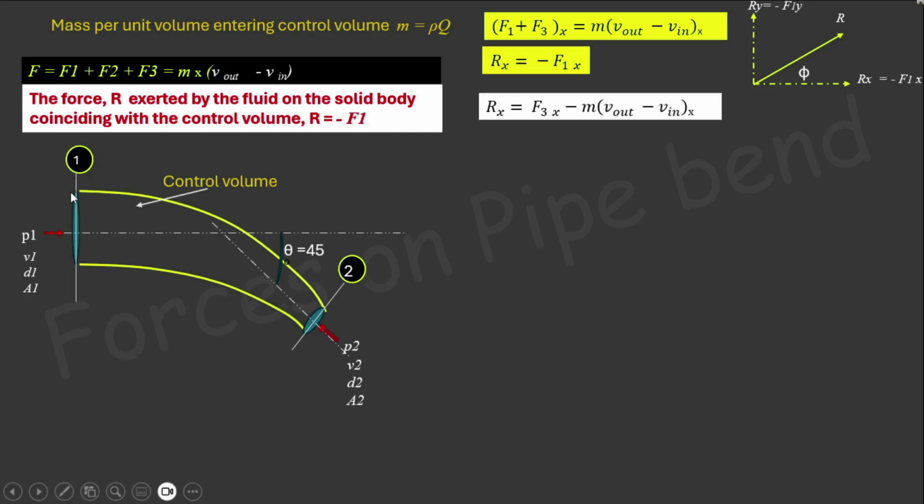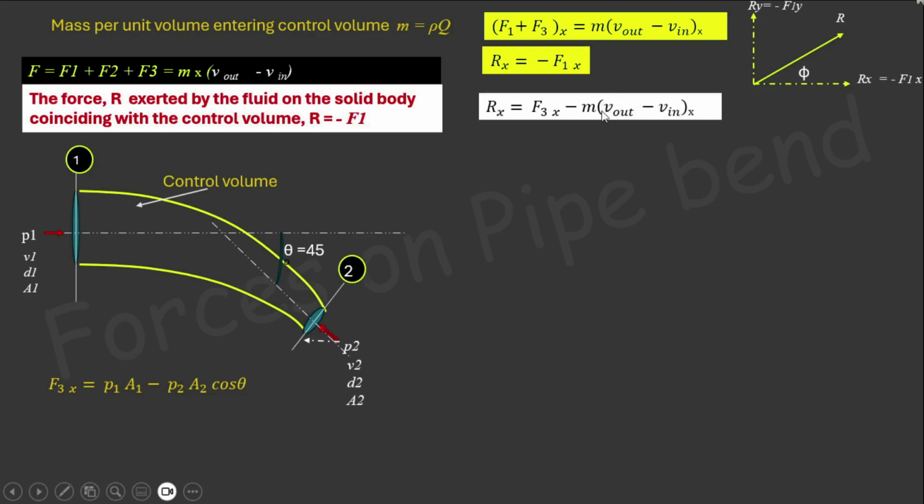The pressure force acting at the section 1 is equal to P1 into A1, and the component of the pressure force at the section 2 is equal to P2 cos 45 or P2 cos theta, but both are in the opposite direction. So F3x equal to P1 A1 minus P2 cos theta into A2.